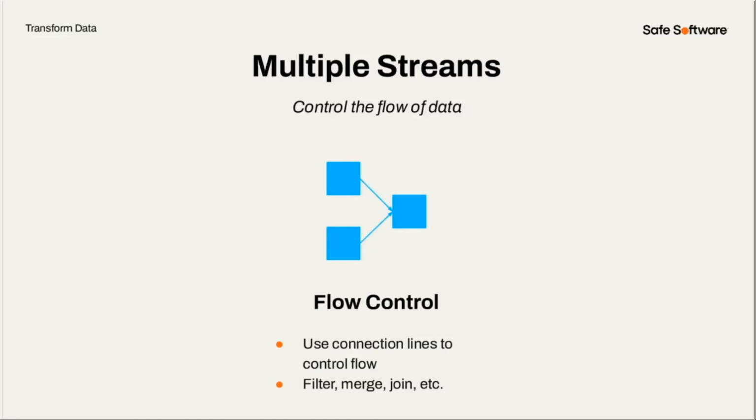If you want to merge the attributes of one set of features into another set of features, then there are transformers that can do that, such as the feature joiner. With the ability to have multiple streams, you aren't just limited to one workflow per workspace, and you can utilize multiple streams to enrich our data, validate it, and do so much more.